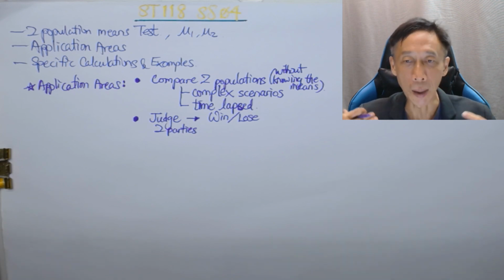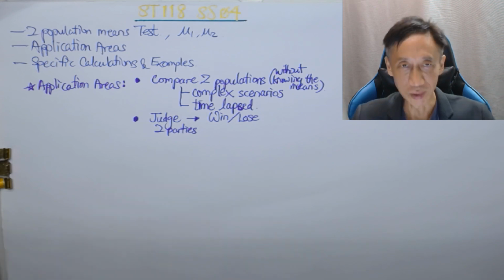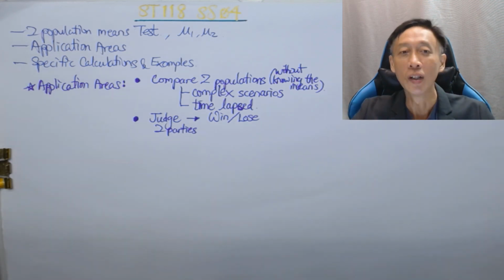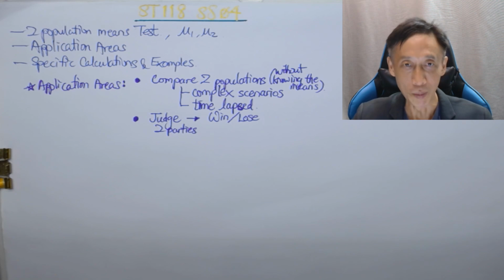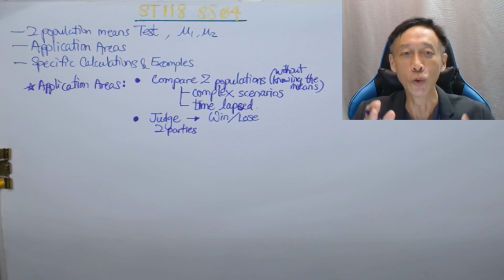For example, it can be daily sales. Okay, so I've narrowed down out of 20 job applicants for this car sales job position. I've narrowed down to two looking like equally good, equally promising candidates. Right. So I don't know who to choose.